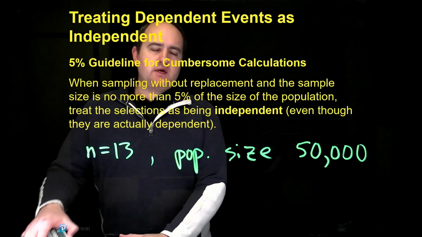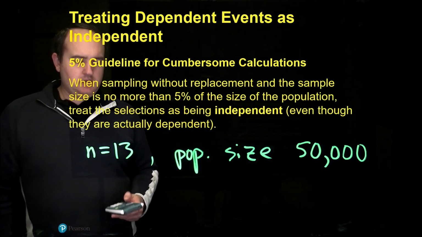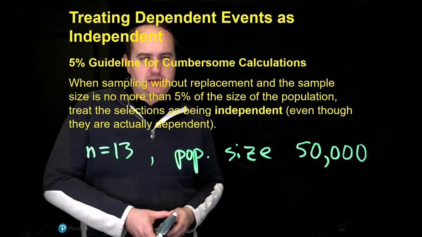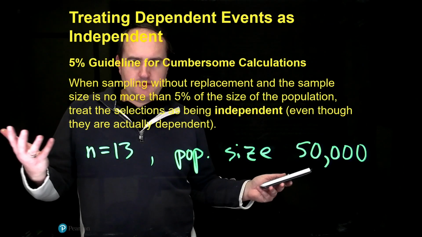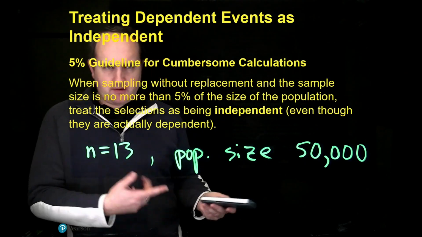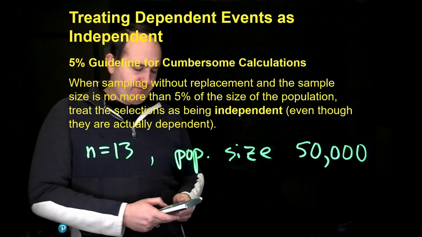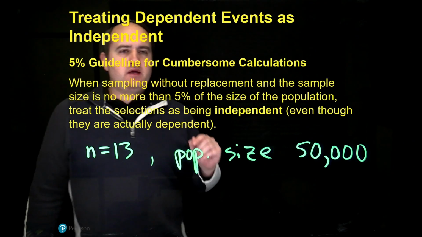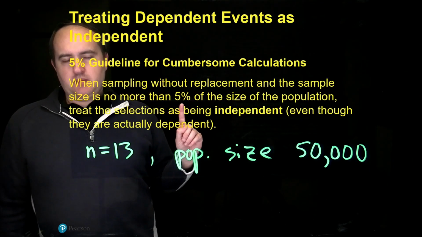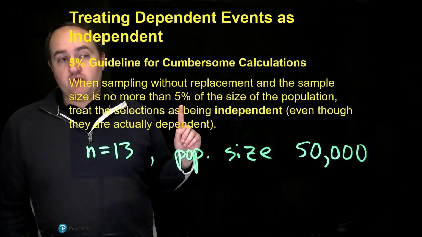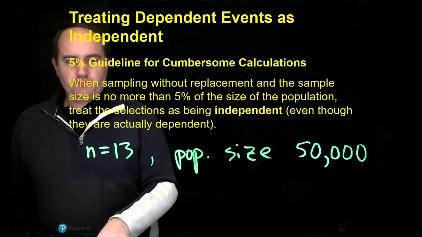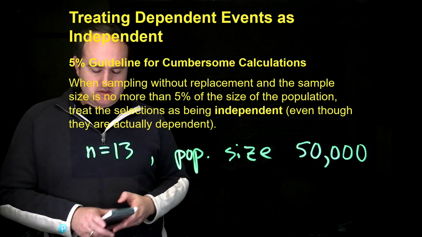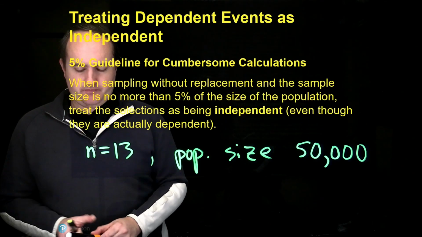Well, then how do we know we can use this rule? Well, if our population size would be 50,000 people, let's say it's a certain town that had 50,000 people, that would be our population. If I do 50,000 on my calculator, and then times 5%. Remember, 5% is the same as 0.05 as a decimal. 50,000 times 0.05 would be 2,500.